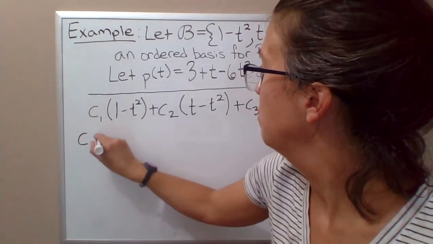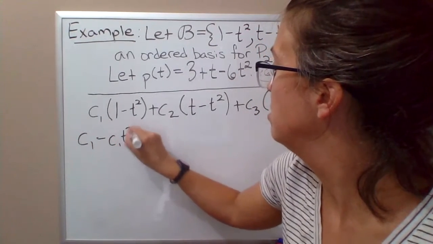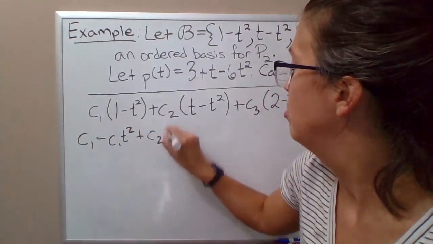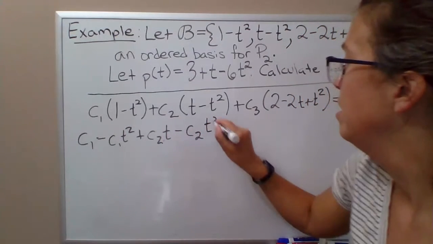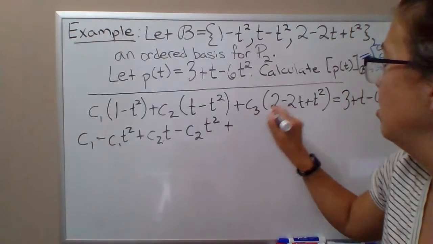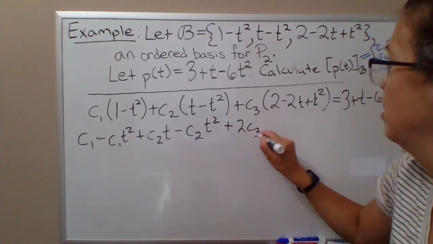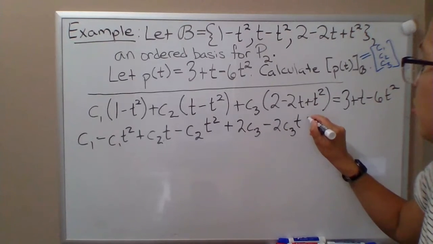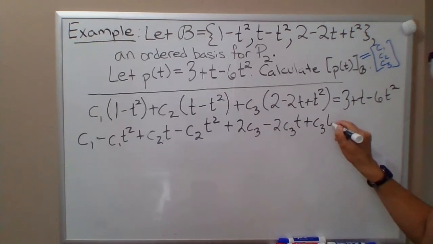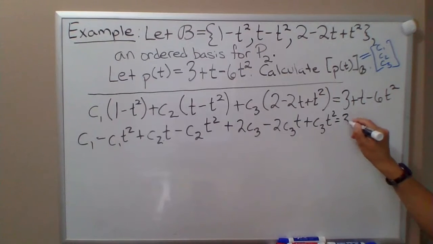So C1 times 1 minus C1 times t squared, C2 times t minus C2 times t squared, C3 times 2 minus 2 times C3 times t to the first plus C3 times t squared. Okay, equals this.